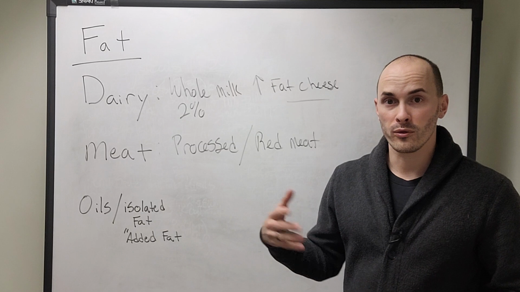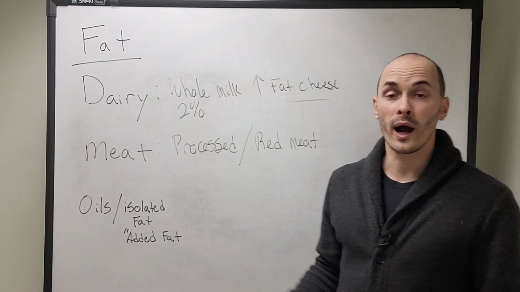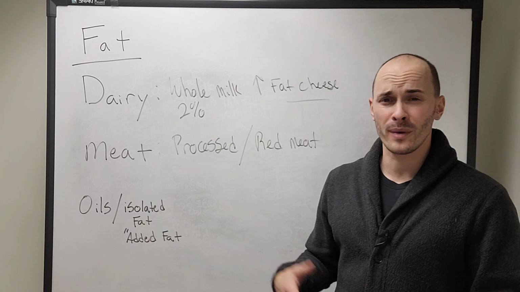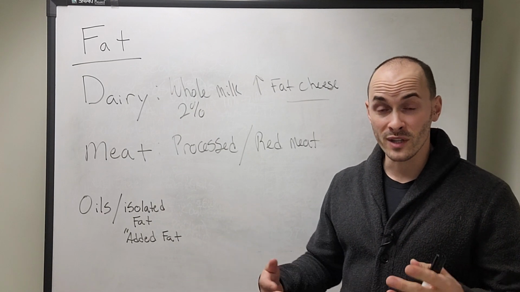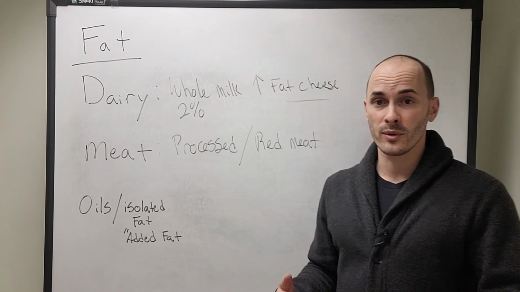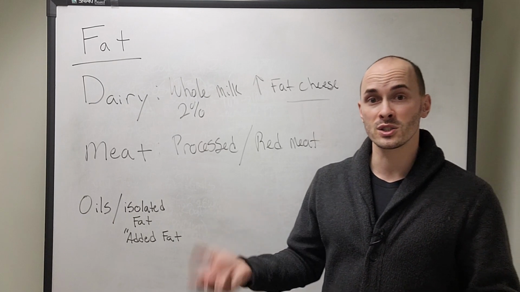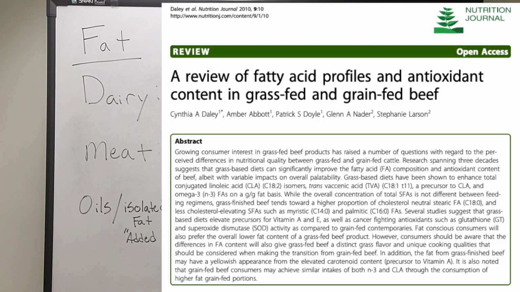Now, free-ranged or grass-fed or wild game is going to have a better anti-inflammatory to inflammatory type fat ratio. So it's going to have a better omega-3 to omega-6 ratio than farm-fed, corn-fed, soybean-fed cattle.